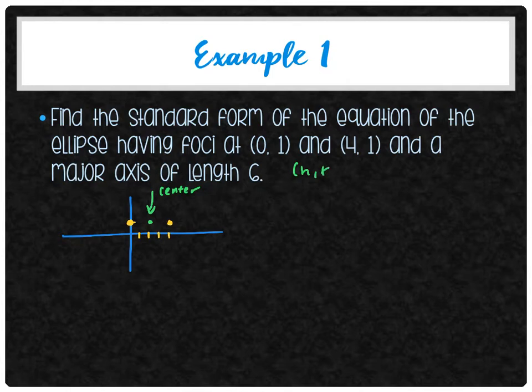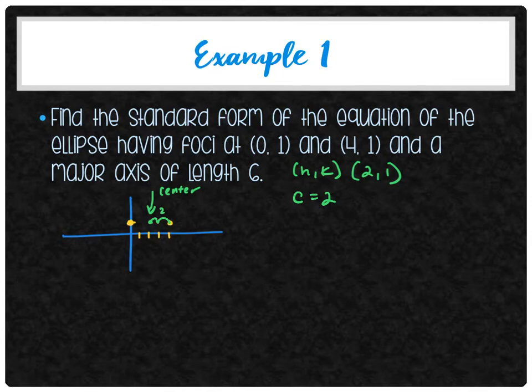So h, k is 2, 1. So the distance between my center and the foci is 2. That means c is 2.